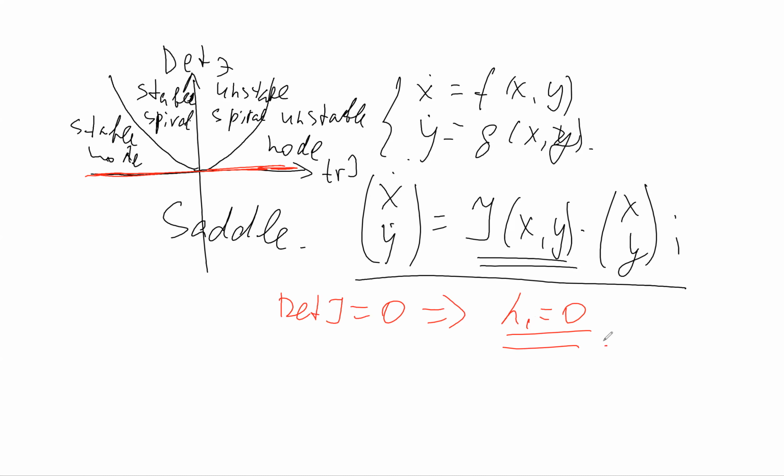It is easy to check. Another is not necessarily 0. And here we have these three bifurcations: saddle node, transcritical, and pitchfork.